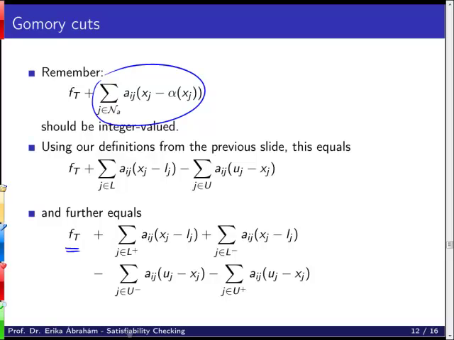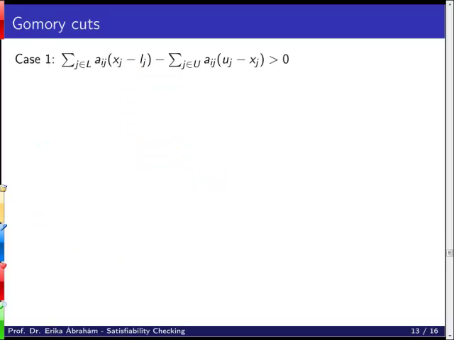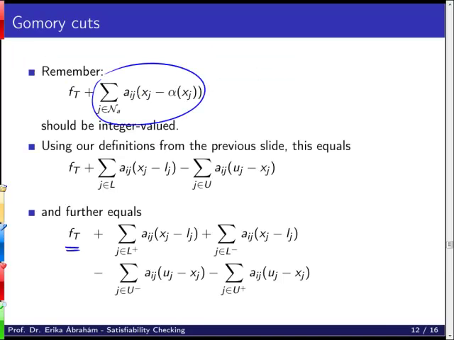And now I make a case splitting. In the first case, I assume that this sum is larger than 0. I go back. This is this whole sum here. Case 1, I assume that it is larger than 0.